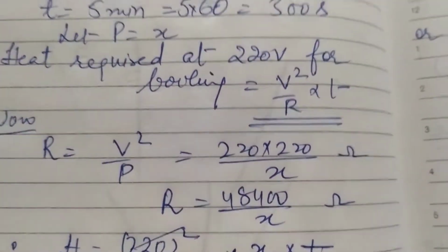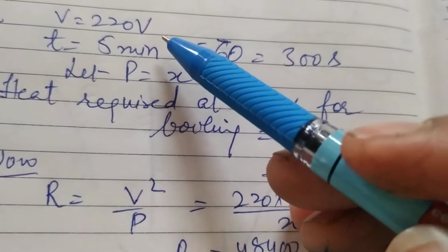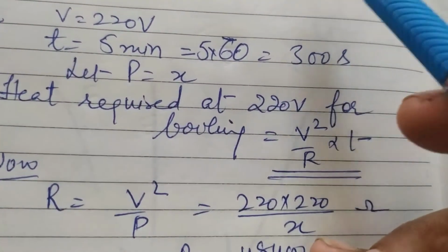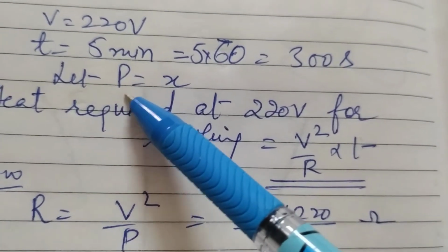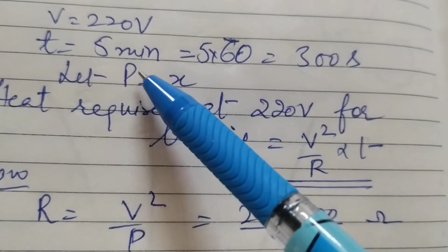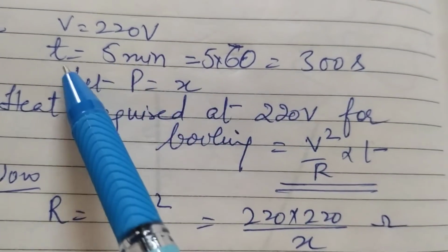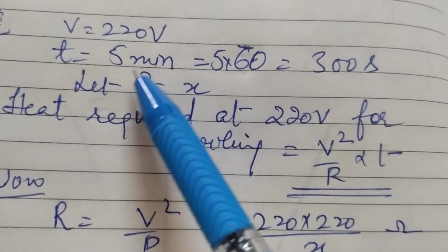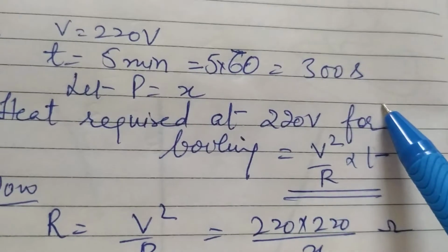For this we have to see that there are so many unknowns here, like the power rating. It's given voltage 220 volt, but power is not given. Let us suppose it as X, or we can use P itself. Time is given for the first case as 5 minutes, so we will convert it into 300 seconds.